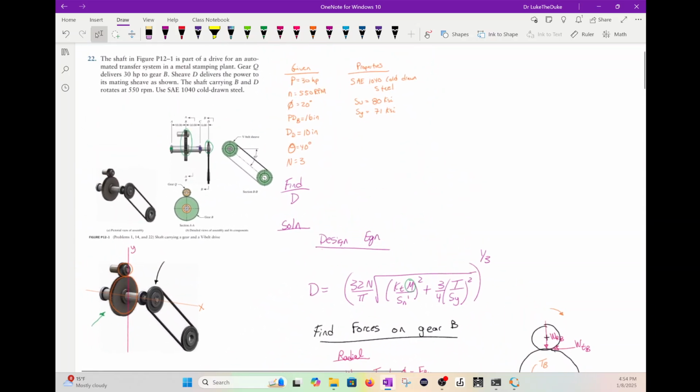All right, so let's go all the way to the beginning. So we had this particular system. We had gears, we had a V-belt. And the way to do this is you need to find all the forces on that shaft. And if they're gears, we have equations to convert those forces from the torque and the horsepower. Same with the sheave. And then once you find those forces, find your reaction forces.